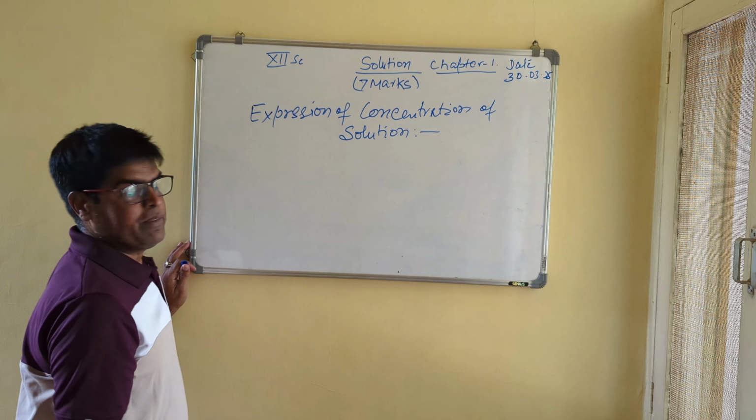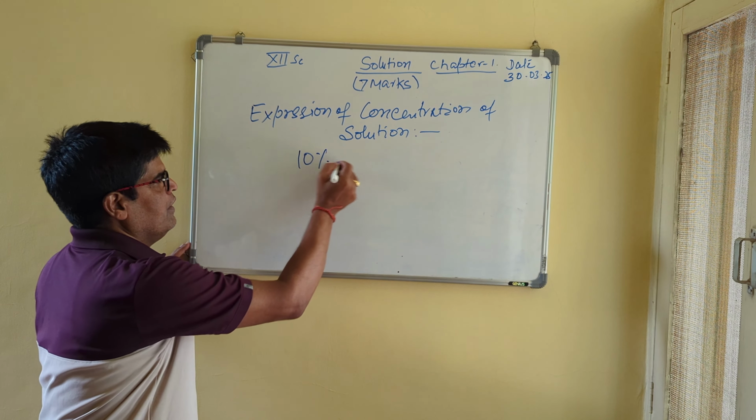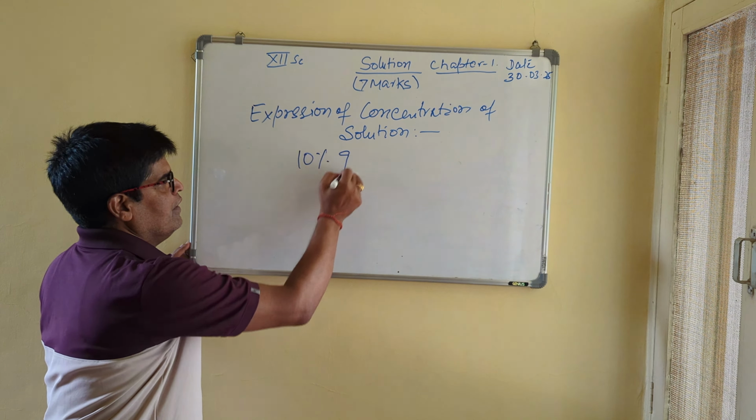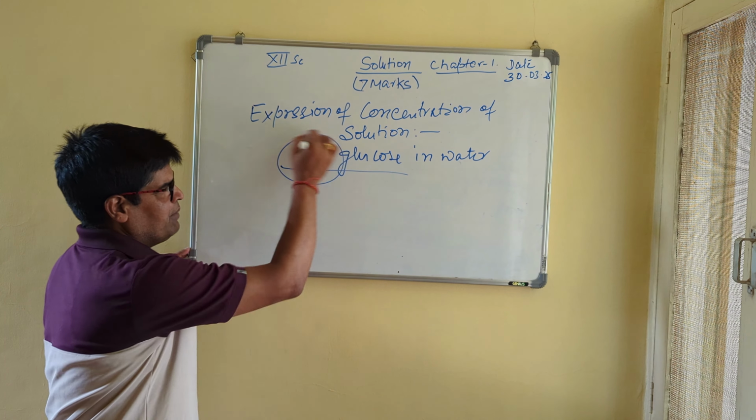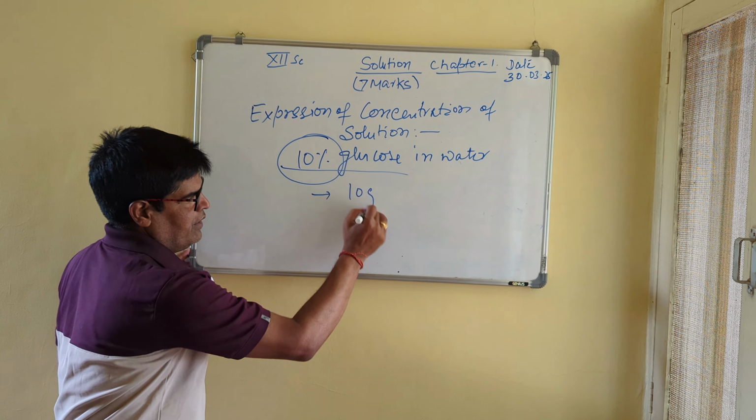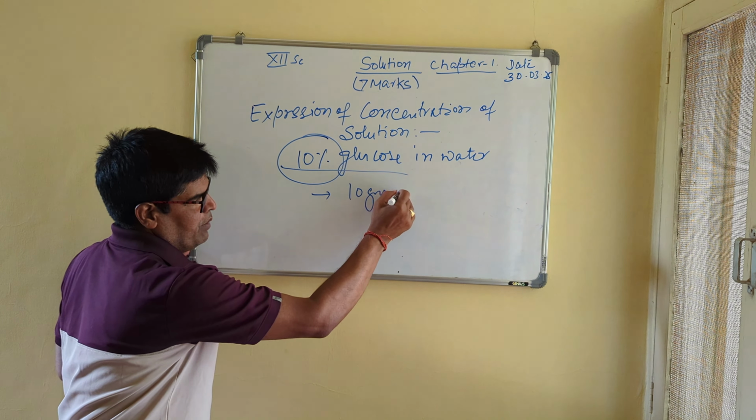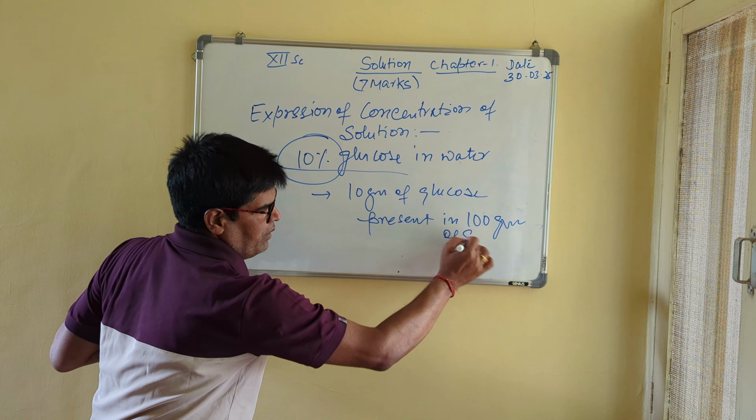We can take the example of 10% glucose in water. The question comes: what is the meaning of 10% glucose in water? The percentage 10% means 10 gram of glucose is present in 100 gram of solution.